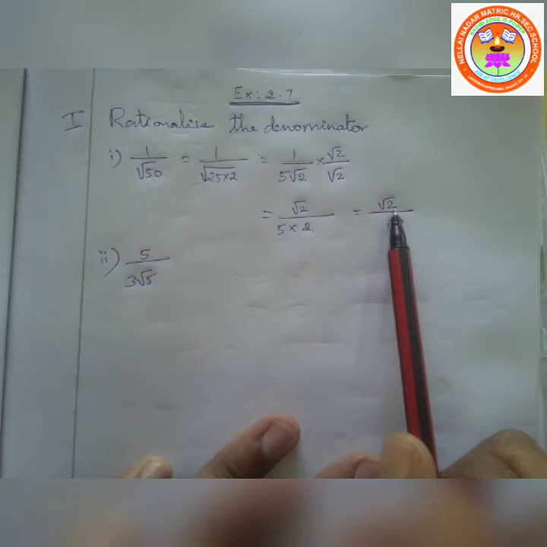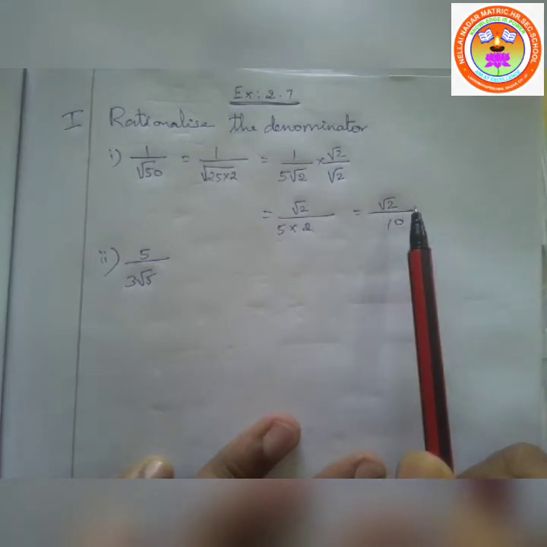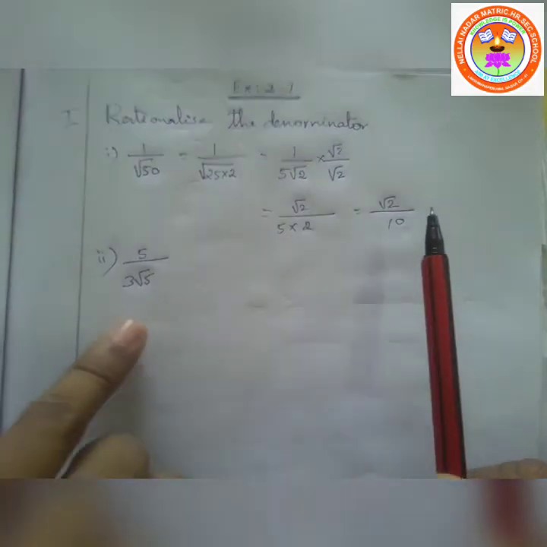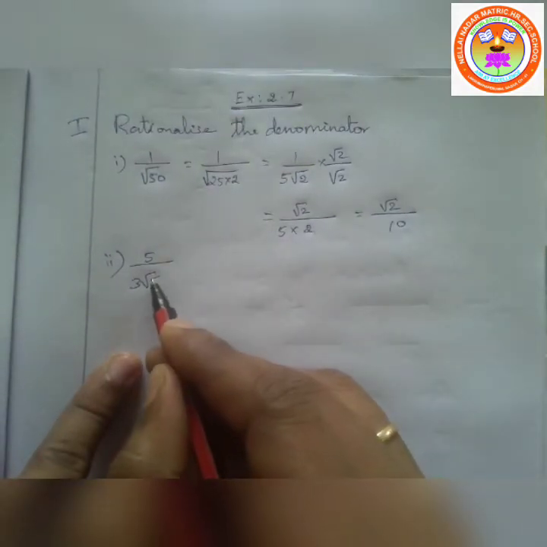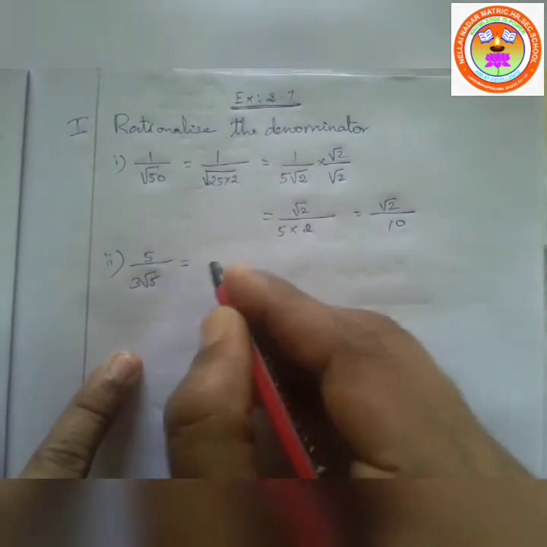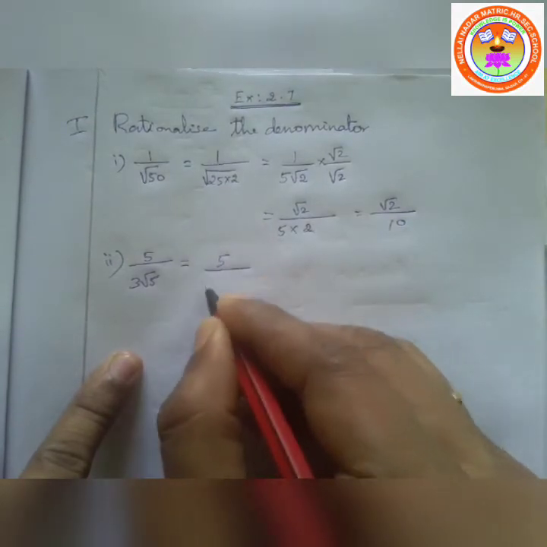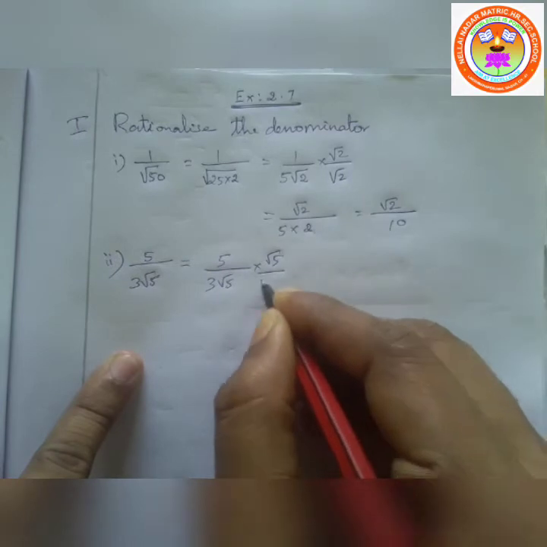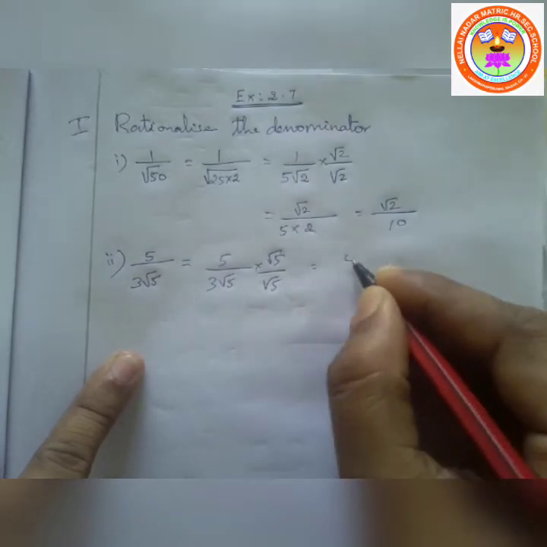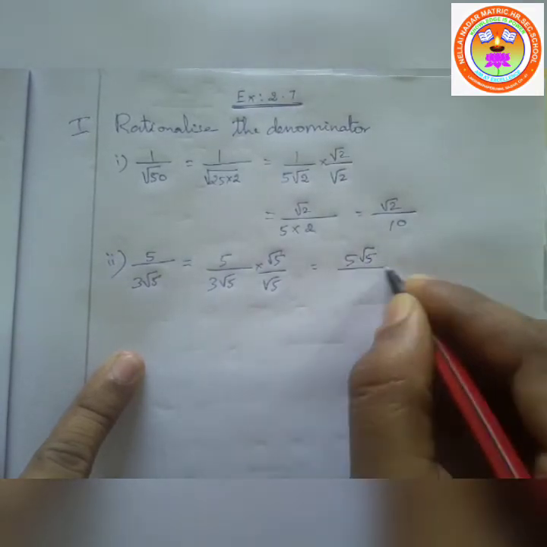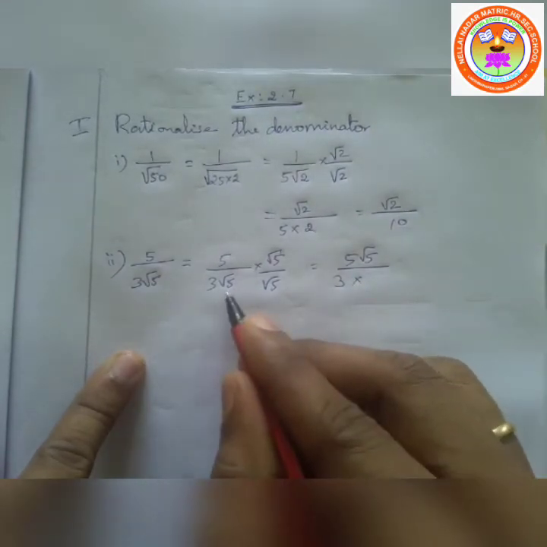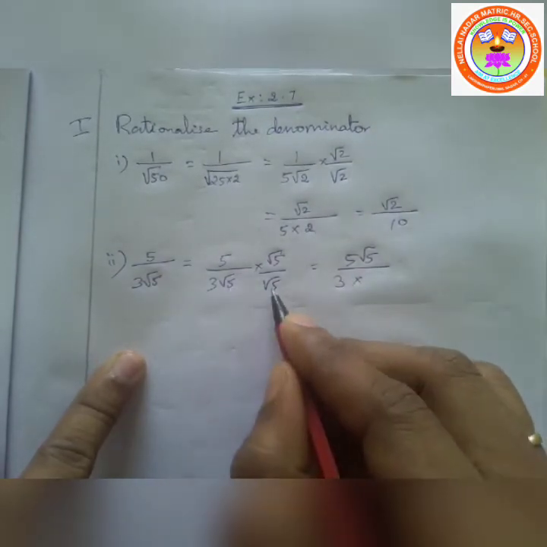So look here, in the denominator we are having 10. There should not be any surds in the denominator. Look at this sum, we are having root 5 in the denominator. So what we have to do, 5 by 3 root 5 into root 5 by root 5. If you multiply like this, 5 root 5 by 3 into root 5 into root 5.